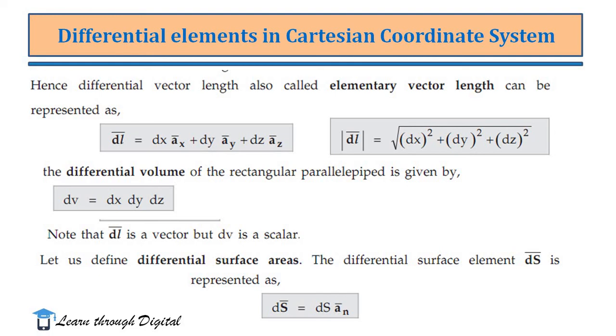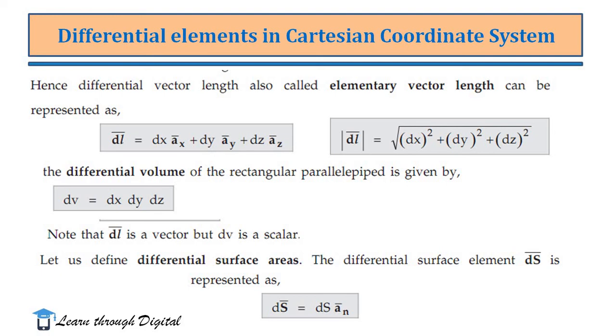Now point P is the intersection of three planes, while point P dash is the intersection of three new planes which are slightly displaced from the original three planes. These six planes together define a differential volume, which is a rectangular parallelepiped as shown in this figure.